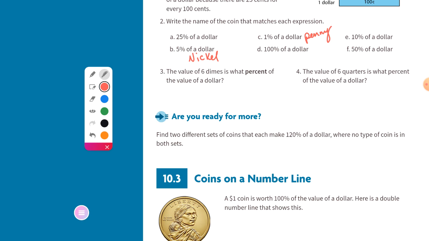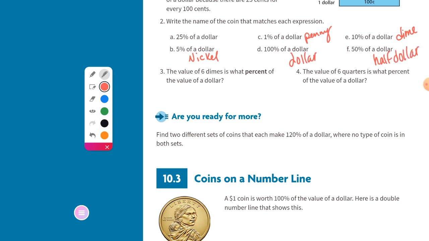Hallie, D. $1. E. Tatum. Dime. Dawson, F. Half dollar. Okay, those ones are pretty simple.